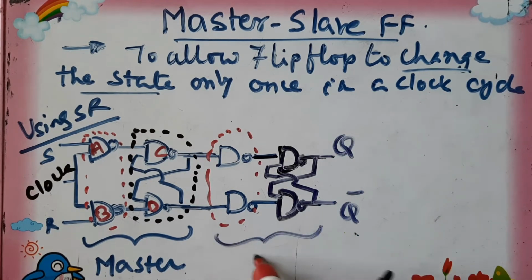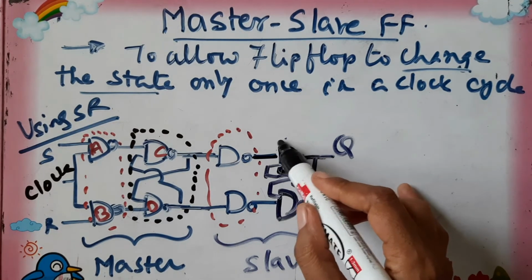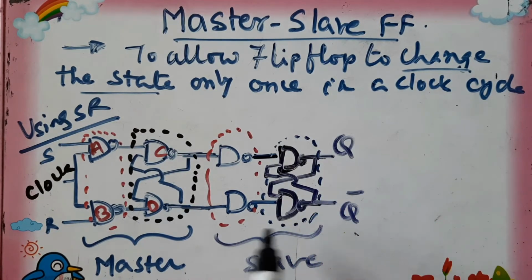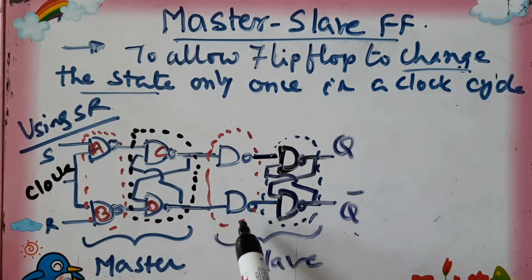So this is the slave. This is the basic SR latch of the slave, and these are the triggering gates of the slave.